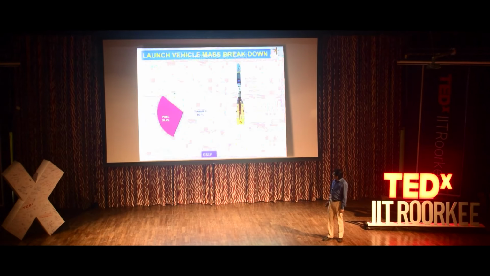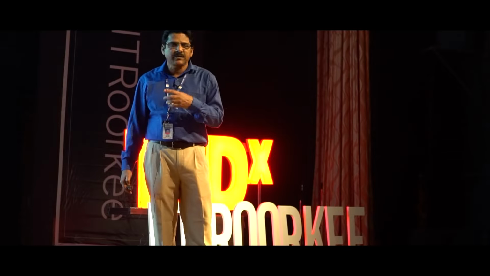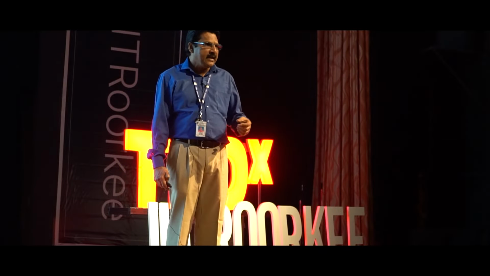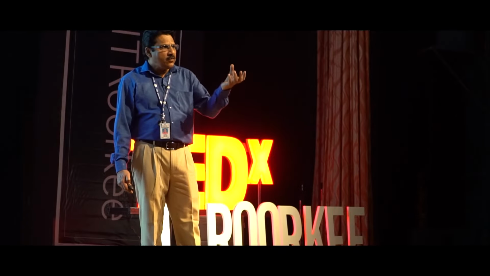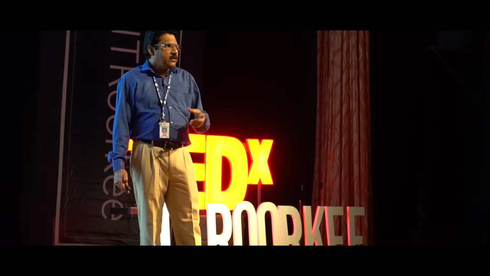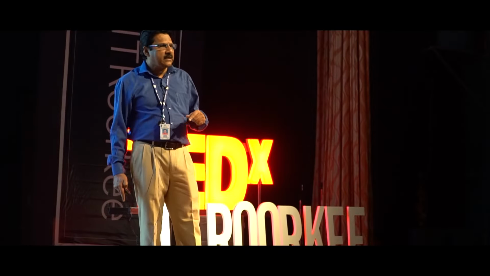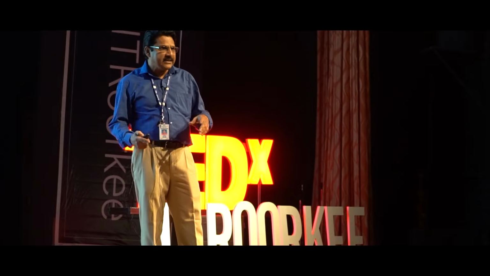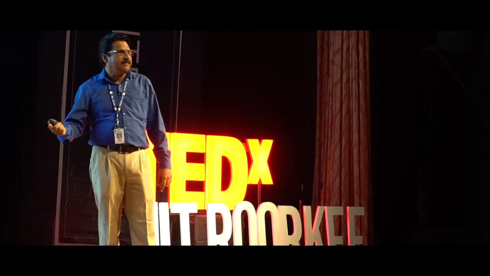the launch vehicle cost can be brought down. Another thing is the lift-off weight: almost 70% of the lift-off weight of the launch vehicle consists of oxygen, the oxidizer. And 80% of that oxidizer is consumed during the atmospheric phase, which happens only in the initial few seconds. So if you are able to make use of atmospheric oxygen, then you can substitute this oxidizer mass with payload mass, which in turn will reduce the cost of access to space.